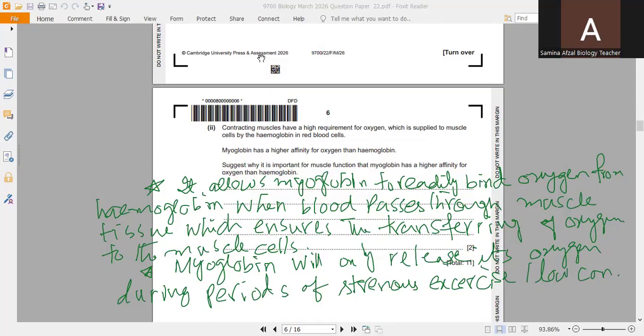So these are the points which show that myoglobin has a higher affinity for oxygen than hemoglobin. So it was all about question number 2.